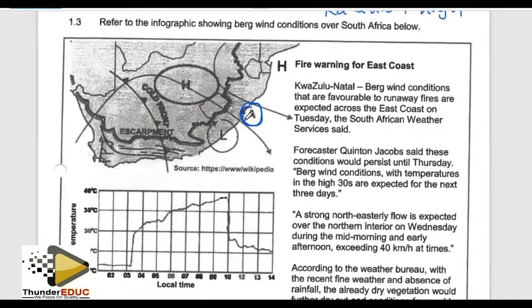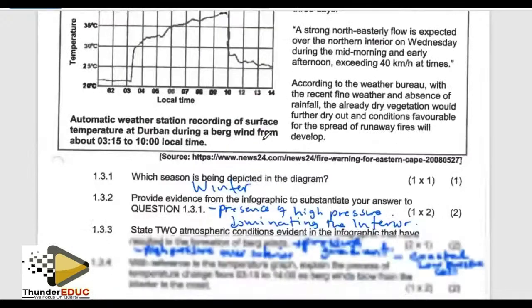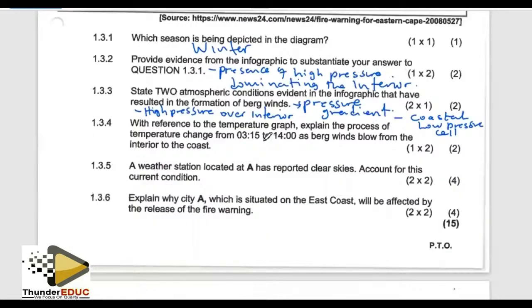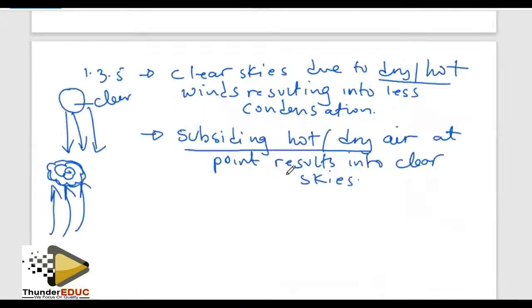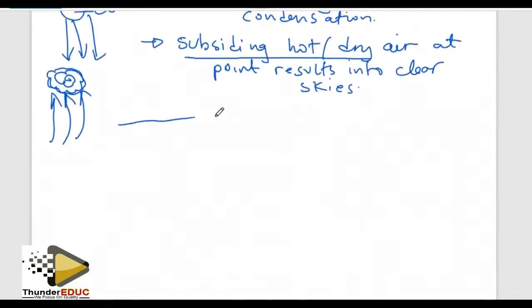So this is Durban here at A. Why are they going to issue fire warnings at city A? That is what the question wants us to talk about. Okay, let's go back to our blank page.